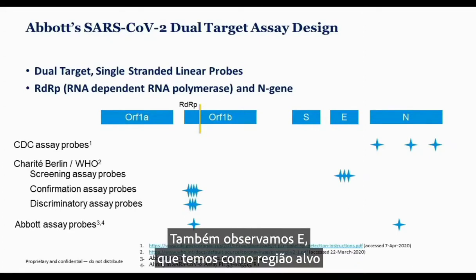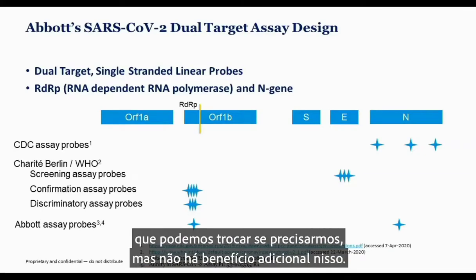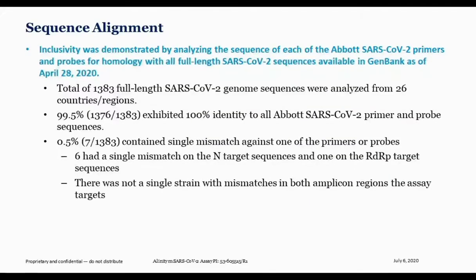We also looked at E, and we have that as a target region. We can swap it in or out if we needed to, but there was no incremental benefit to that.